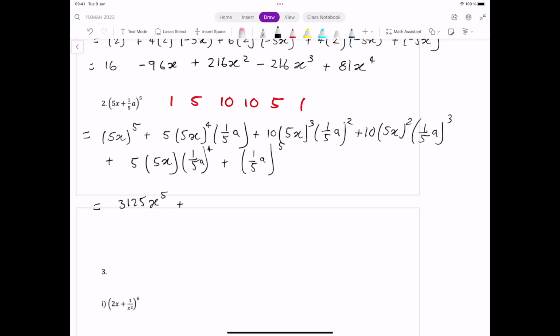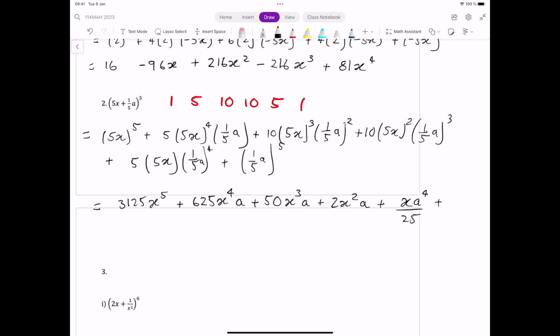Calculating those coefficients, 5 to the power of 5 is 3125x^5, plus 5 times 5 to the power of 4 times by 1 on 5 is 625x to the power of 4 a, plus 10 times 5 cubed times by 1 on 5, and we're squaring the 1 on 5, is 50x cubed a, plus 10 times 5 squared times 1 on 5, and we're cubing the 1 on 5 this time, we get 2x squared a, then 5 times 5 times 1 on 5 to the power of 4, we actually get plus x a^4 on 25, because 5 times 5 times 1 on 5 to the power of 4 is 1 on 25.